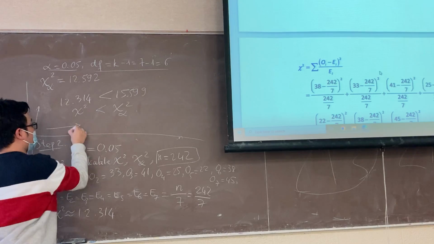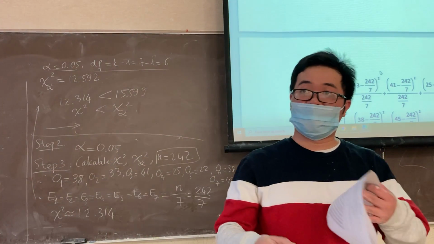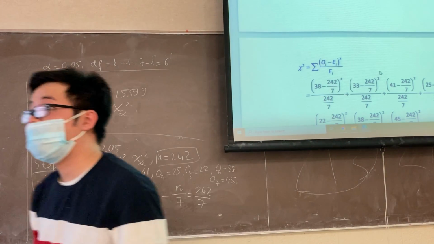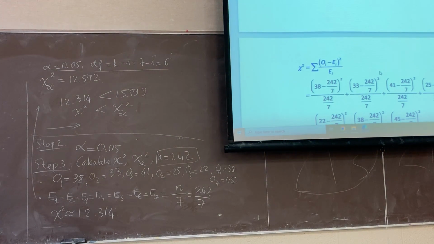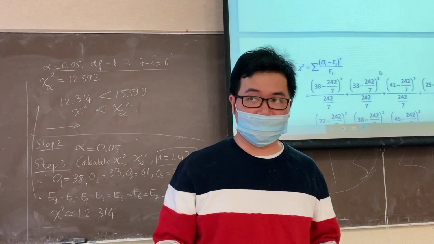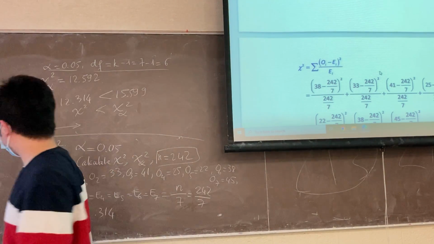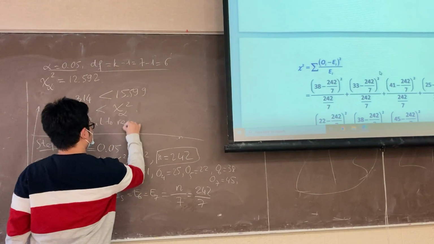So what decision do we make here? Okay, Arthur. You accept the null. Accept or fail to reject? We don't use accept the null hypothesis. Some textbooks use accept the null hypothesis, but in our textbook we use fail to reject. That means you fail to reject the null hypothesis.